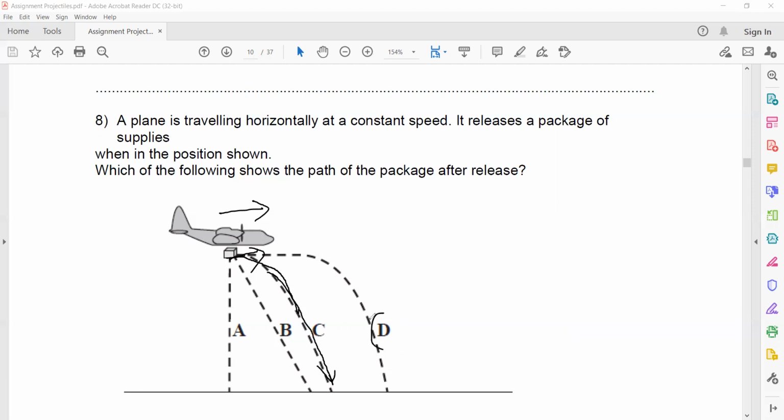Why not D? Because D says it travels horizontally for a long period, but there is air resistance, so it will not continue. There is also a vertical component, that's why it will not continue with the horizontal component only for a longer period of time. That's why C is the right answer for this.